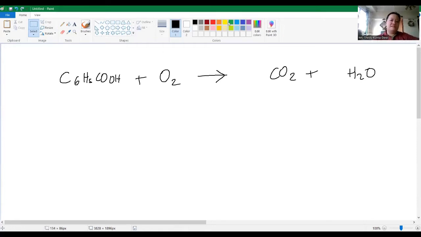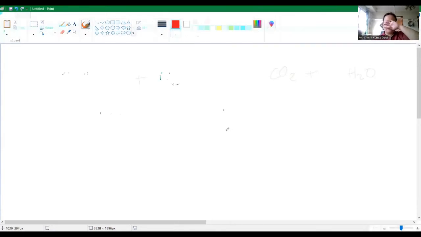So in this one, we will try to balance it. This is an organic compound, so there are several tips for organic compounds. The first one, you have to balance the carbon. So here is carbon. There are 6 carbons and 1 in the reactant. And also this one is only 1 carbon. Okay. So 6 plus 1 is 7, right? So we times it by 7. Okay. This is the first one.